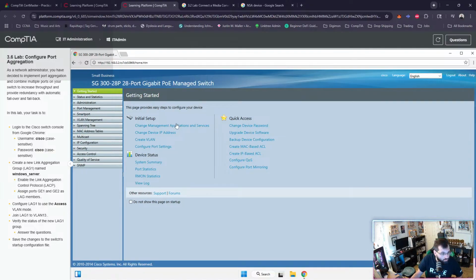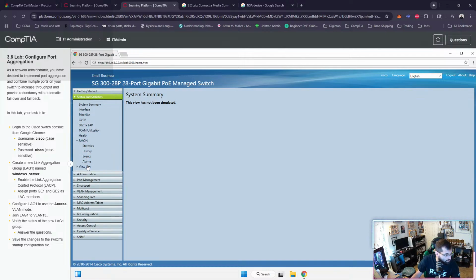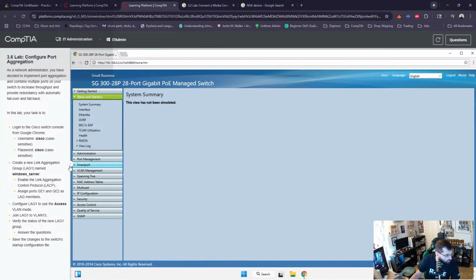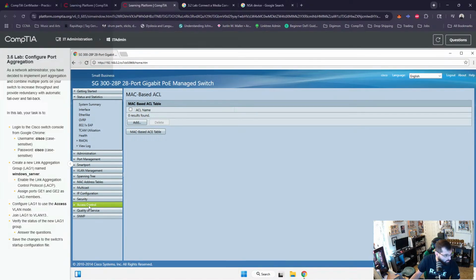So okay, I guess we'll go through all these. And control. Oh, is it access control? No. Check smart port.